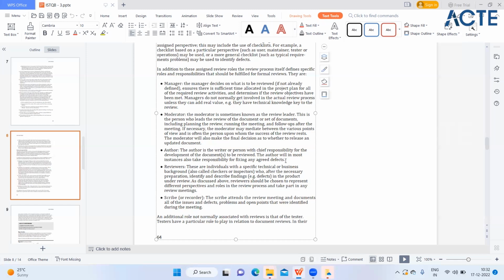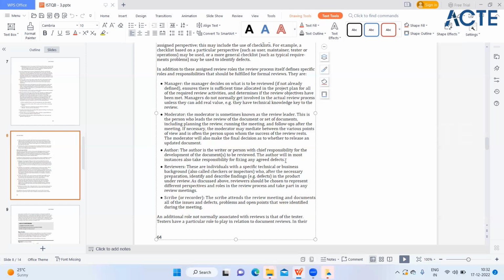So, earlier we saw that we found a defect in the document, but who has the responsibility for fixing the defects? It does not actually depend; the author will fix those defects, but sometimes if no one else is available, then it is the responsibility of the author itself. So to write the document and to fix the defects in the document, the responsibility should be with the author only.